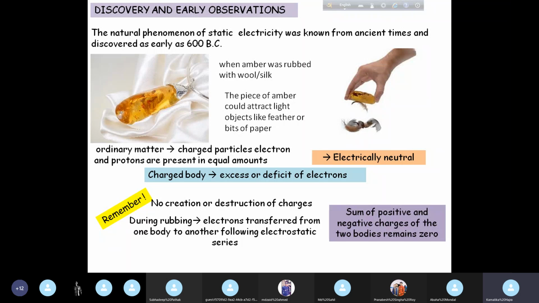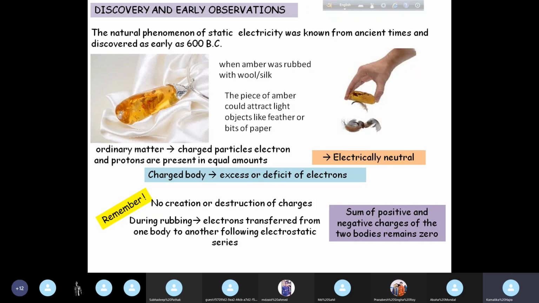Just remember that the sum of positive and negative charges as a whole on the two bodies remains zero. If you sum the total of positive and negative charges between the two bodies, then the sum total will give you the total charge to be zero.